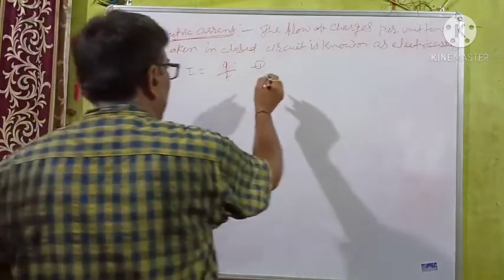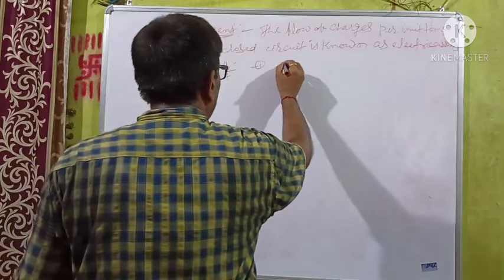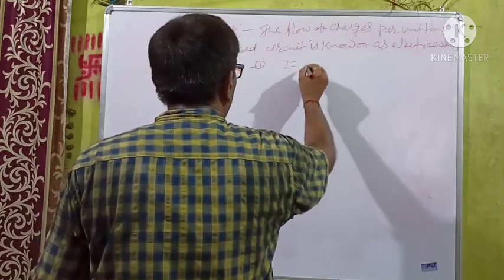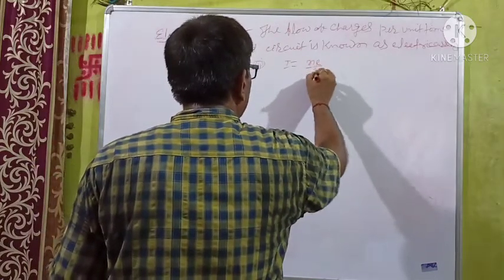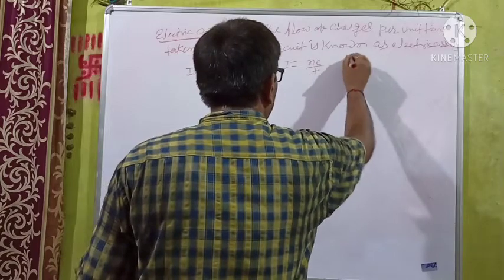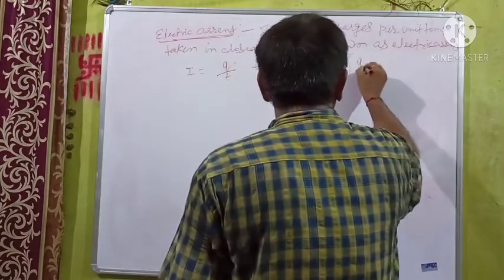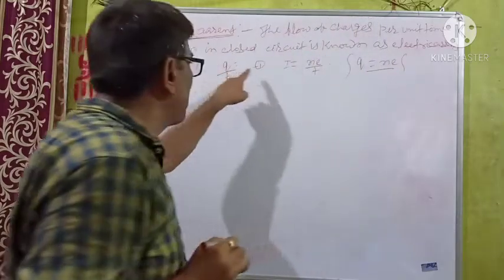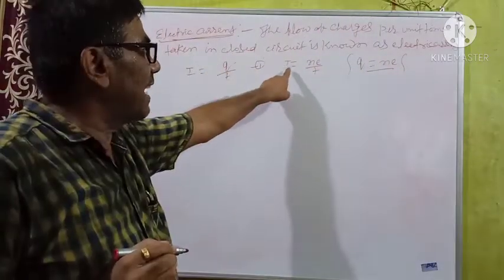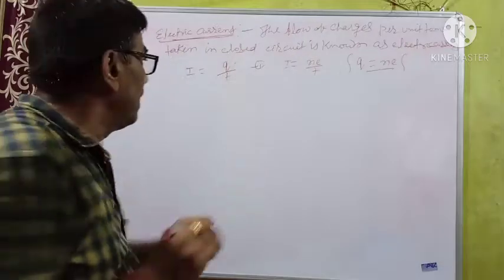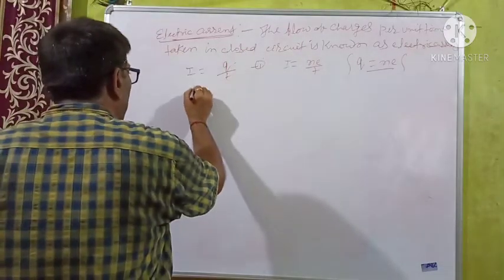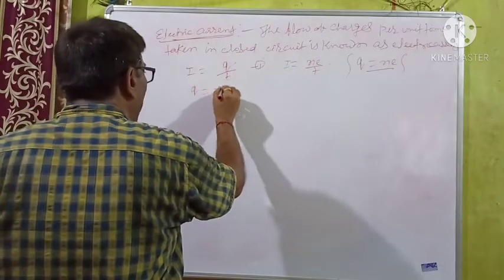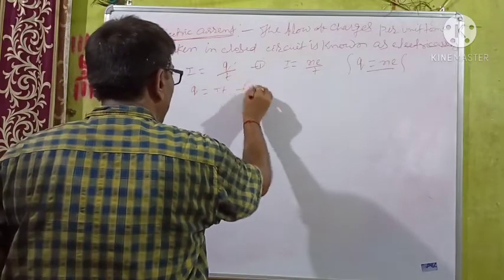Second formula: we can also put I is equal to NE by t, because here Q is equal to NE. So putting the value of Q in equation first, we get I is equal to NE by t. Second formula: Q is equal to I t, equation second.